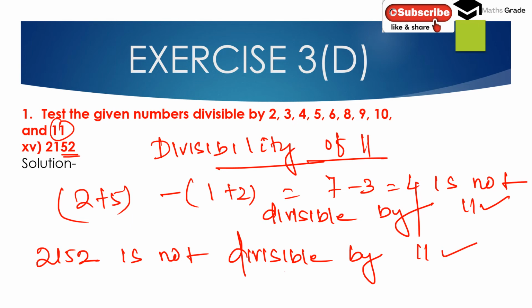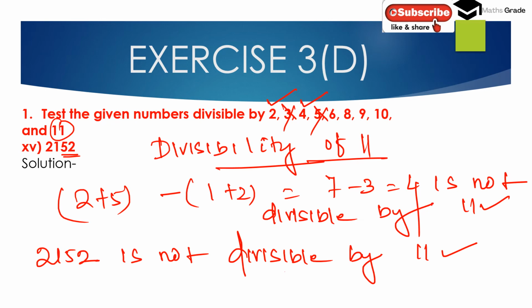Now it is found that the number 2152 is divisible by 2 because the last digit is divisible by 2. And the sum of digits of the number is 10, which is not divisible by 3, and the last two digits of the number are 52, which is divisible by 4. The last digit is 2, which is not divisible by 5.